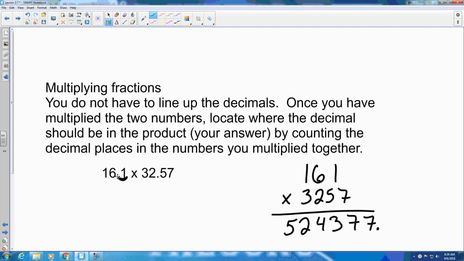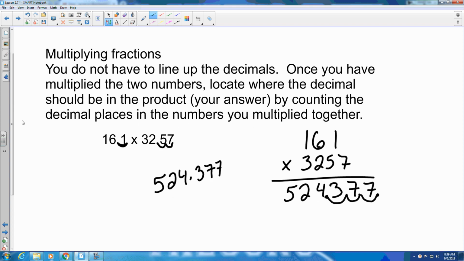So now I just go here and I go 1. Now I go over here and I go 1, 2. So now I do an additional 2 more times. 1, 2. So now my decimal place is placed there. So then my final answer would be 524.377. And you can check that with your calculator as well. And it does come out.